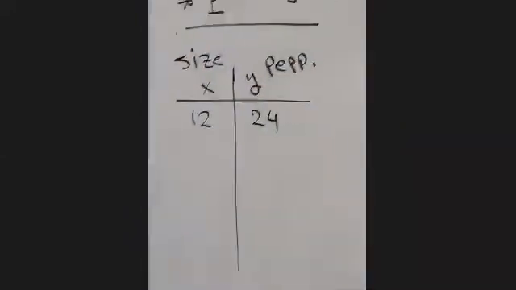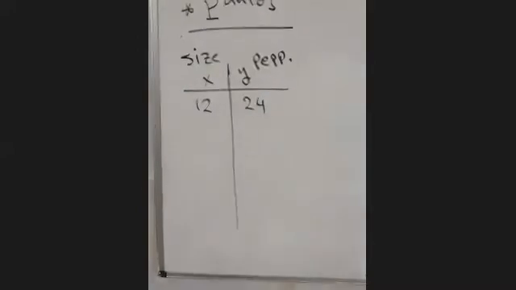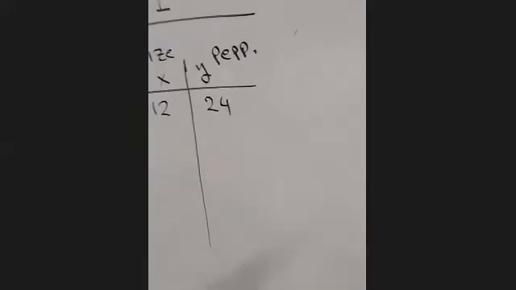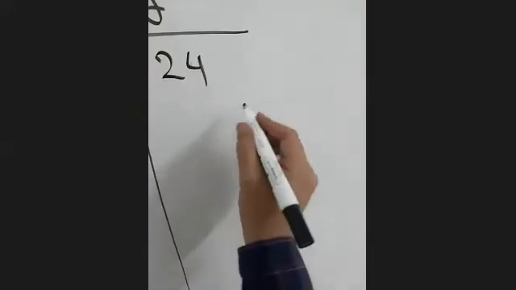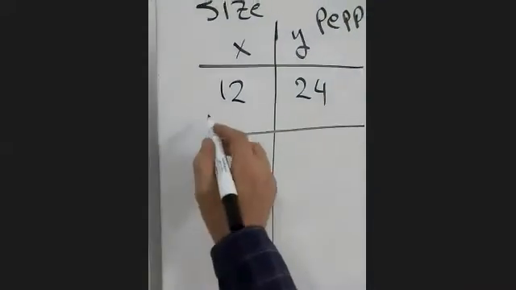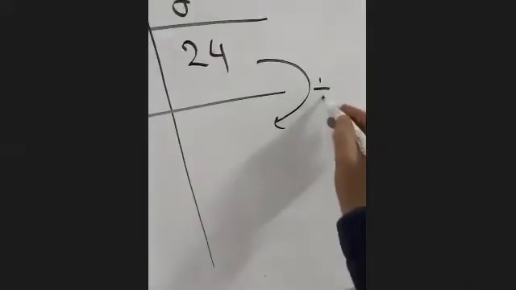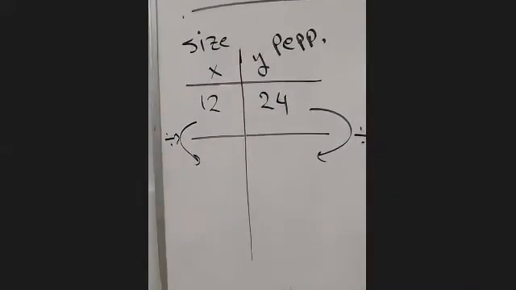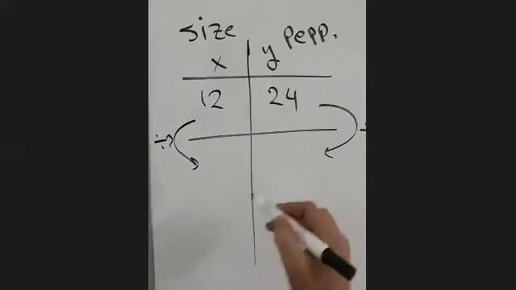Okay? Now, how will I make a table for this? I will use the idea which I started with, guys. We can use multiply and we can use divide. I can divide by 2 and divide by 2, or I can multiply by 2.